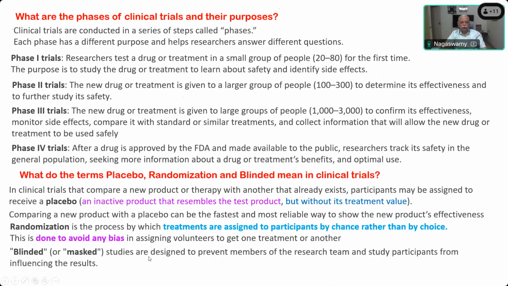Blinded, of course, all of you know: the research team and the study participants both do not know which treatment is being given. This is called blinding, which again is to avoid bias and helps collect scientific data correctly and accurately.